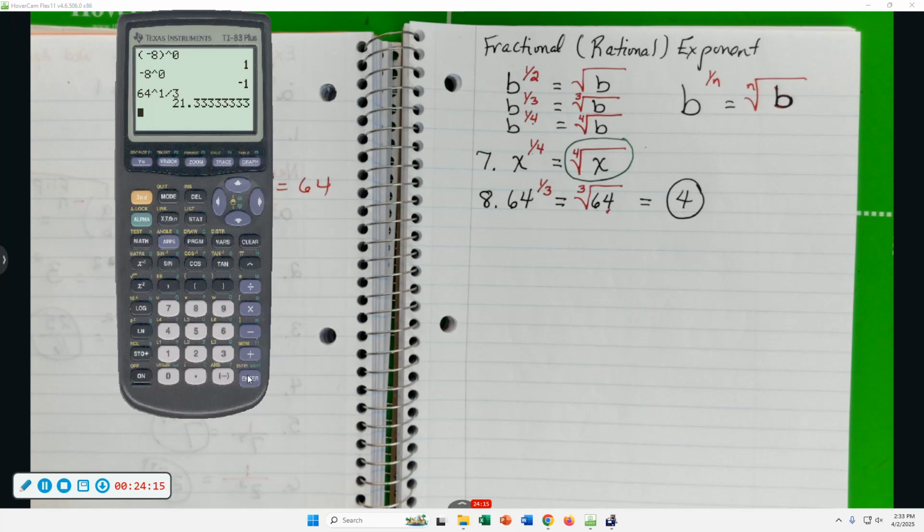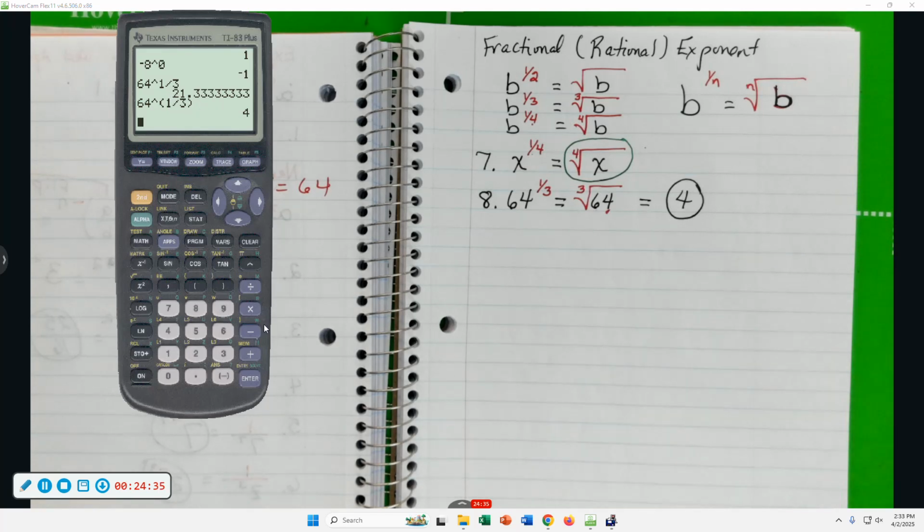No, it's going to give you 64 divided by 3. If you want to punch that into your calculator, that fraction 1/3 needs to be enclosed in parentheses to make sure that your calculator takes 1 divided by 3 and then raises 64 to that. So, next problem.